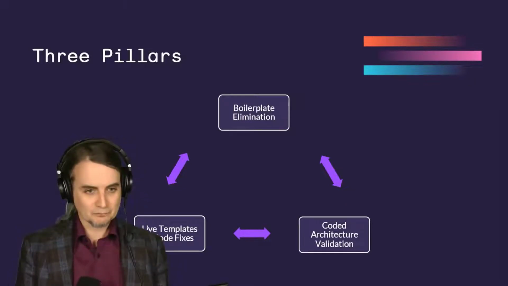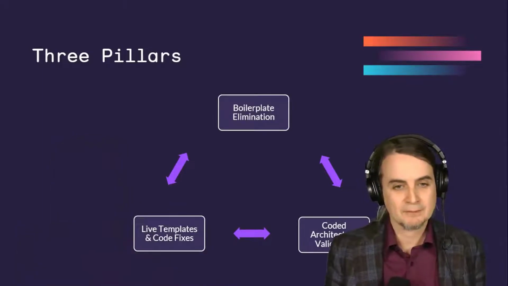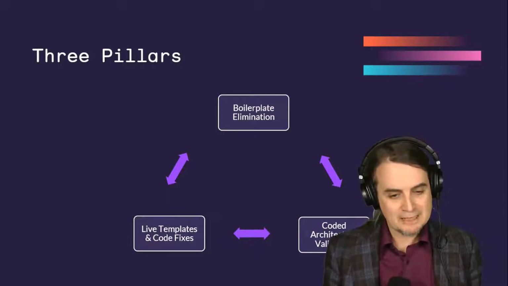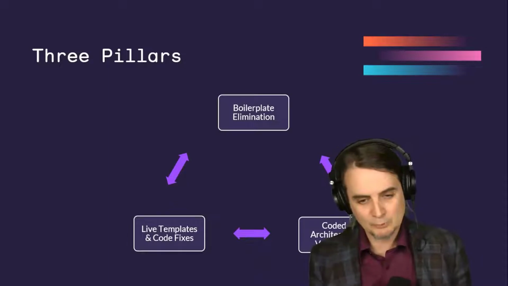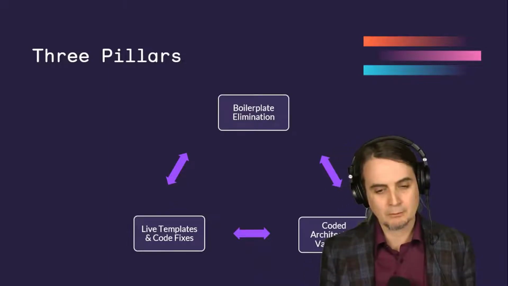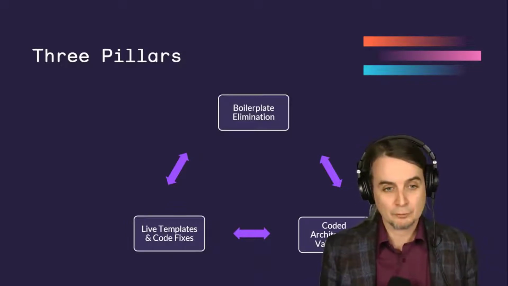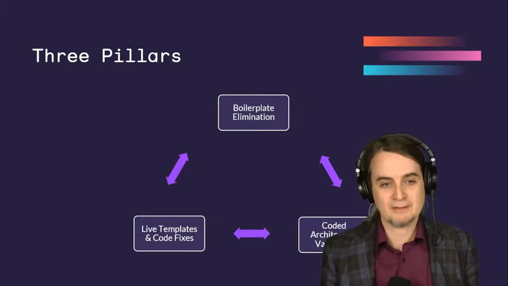And the third pillar is live templates and code fixes. That means integration with the refactoring menu in Visual Studio, like the light bulb menu or the screwdriver menu. This is completely new, and you didn't have that in PostSharp.